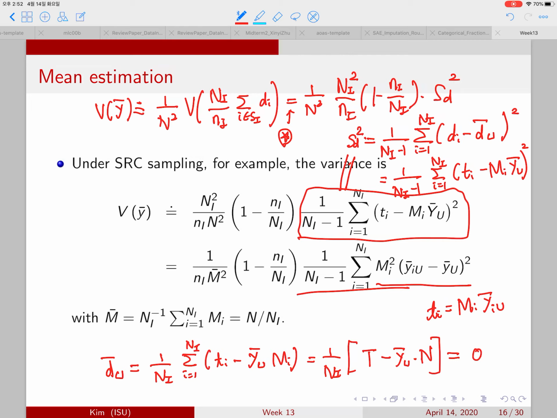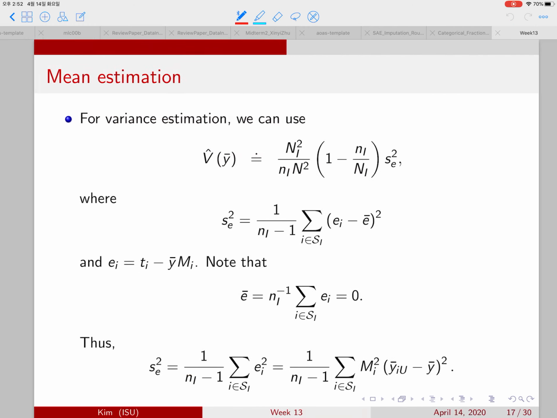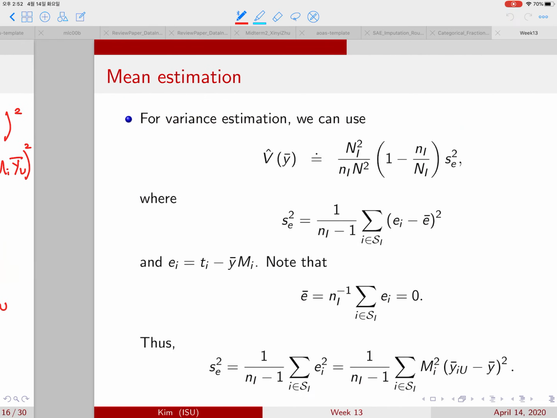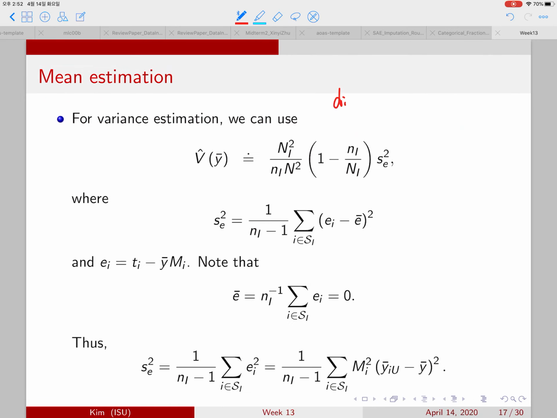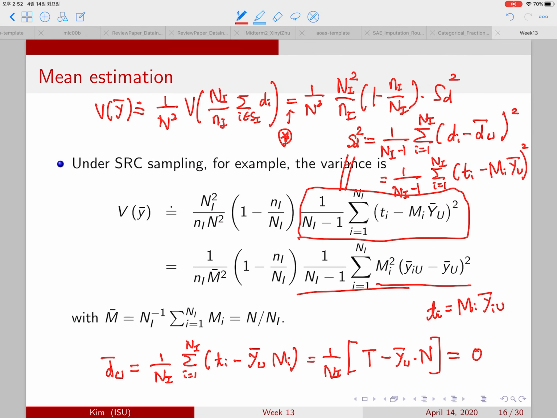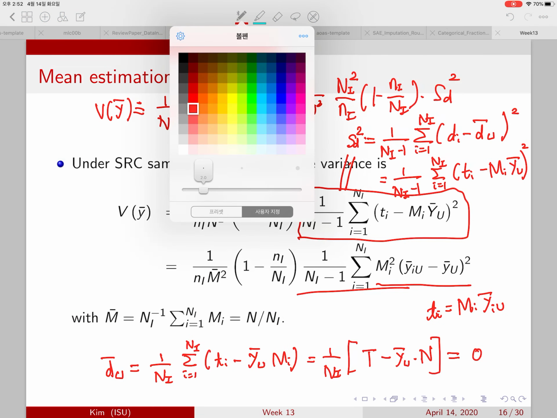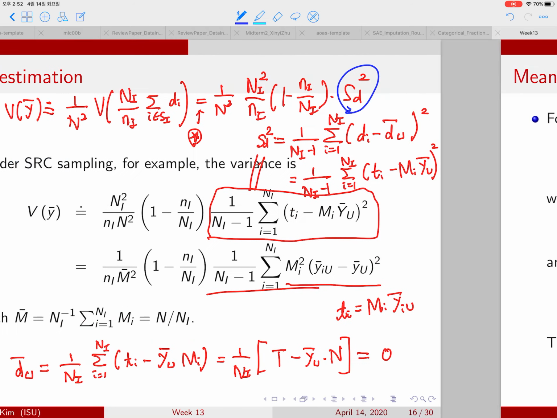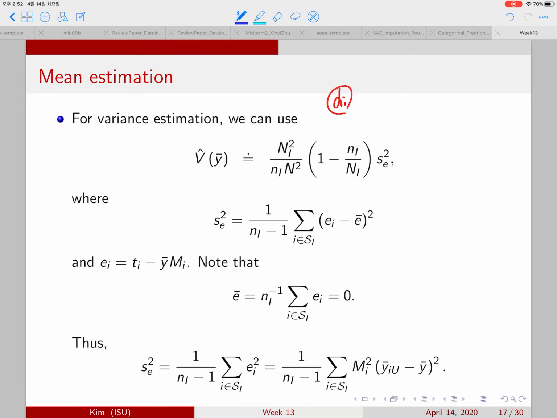And excuse me, for variance estimation, it's the same story. If we knew di, if we could observe di, then we would only have to estimate sd squared by small sd squared, but we don't observe it.